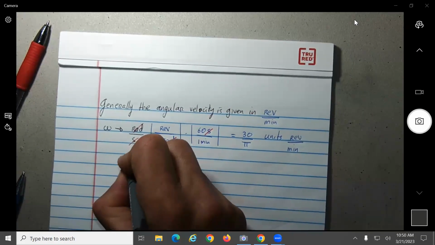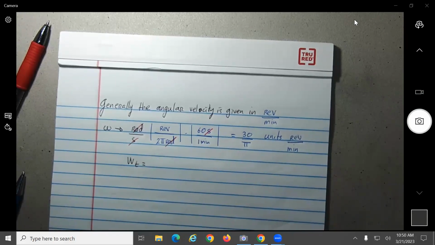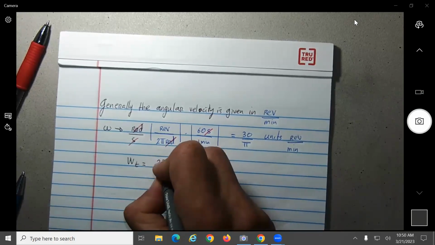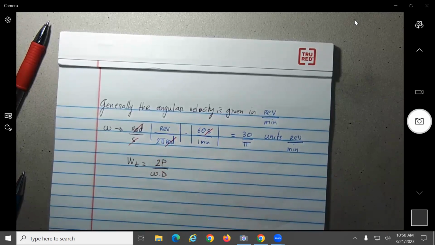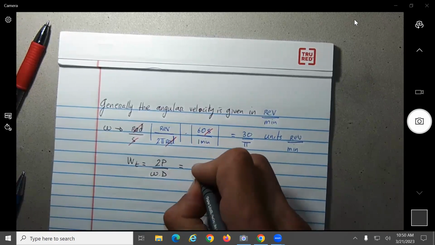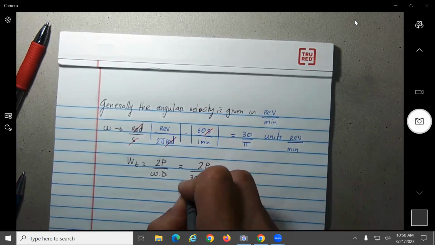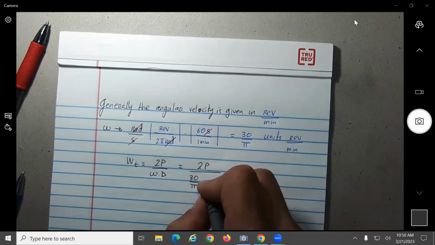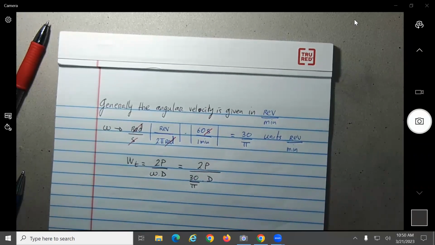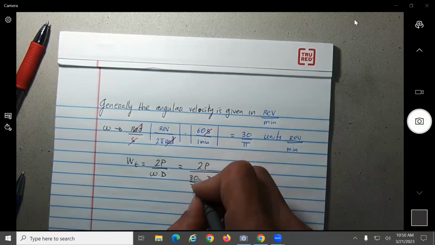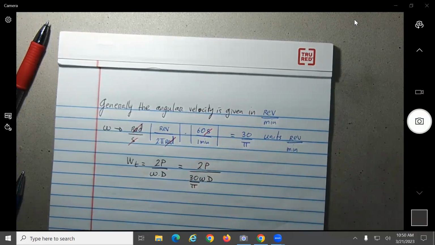So basically, we rewrite here the equation WT, the one we just read over here, equals 2P divided by omega D. We can write this as 2P divided by 30 over pi omega D. Sorry, I forgot the omega here. This is just the unit transformation, so 30 over pi omega D.